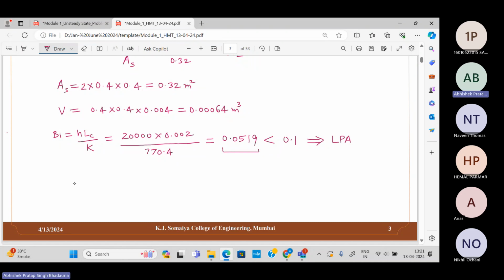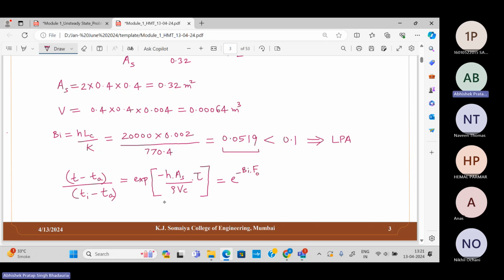So we'll apply the mathematical expression for calculating the required parameter. The formula for the lumped parameter analysis is (T minus Ta) divided by (Ti minus Ta), and it is equal to e to the power minus hAs divided by rho V c multiplied by tau, and it is equal to e to the power minus Biot number into Fourier number.